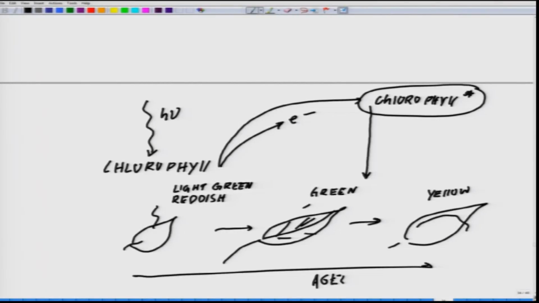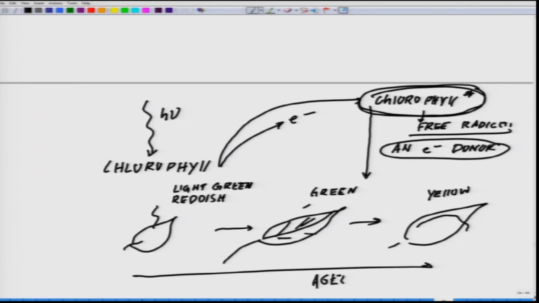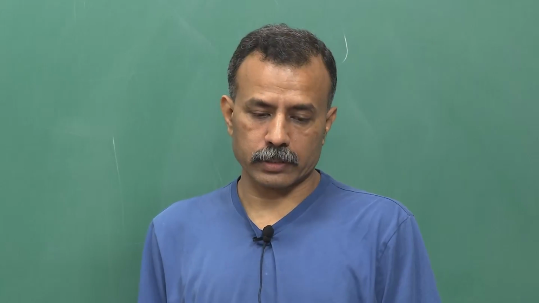But the problem is that if this is allowed to hang out there, it will act as a free radical and damage many things. So, it has to be brought back to its ground state, and of course, there is a finite number of chlorophyll molecules in the system. So, you need an electron donor who will ensure this chlorophyll is brought back into the system.